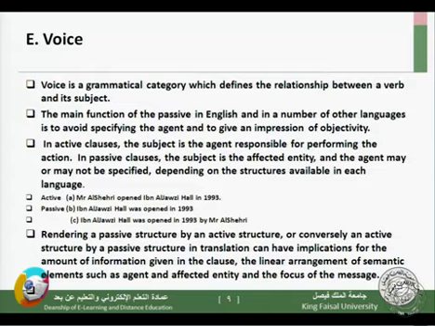Now, rendering a passive structure by an active structure, or conversely, an active structure by a passive structure in translation can have very serious implications for the amount of information given in the clause, the linear arrangement of semantic elements such as the agent and affected and the focus of the message. Now, when you are translating and you want to convert from active into passive, you have to be 100% sure that this is the right approach, because you might be losing a lot of information.